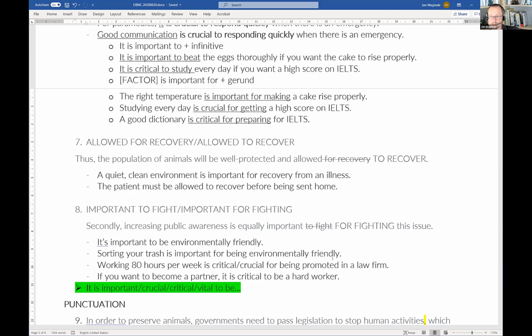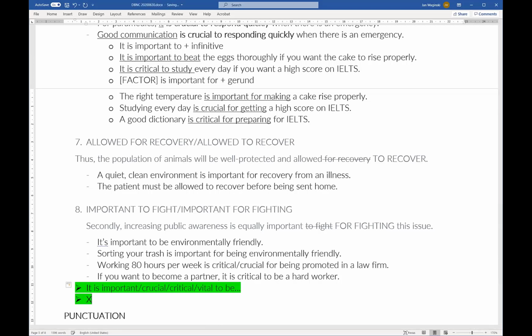There was a question? When we use it in the second tab, when followed by ing, all these four words, it will be followed by for. Is important for, is crucial for, critical for, vital for.